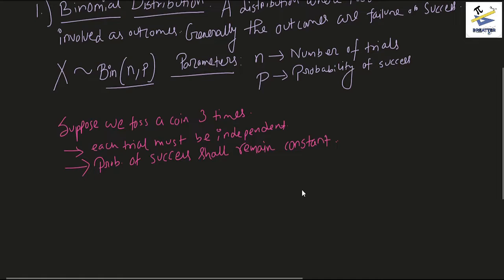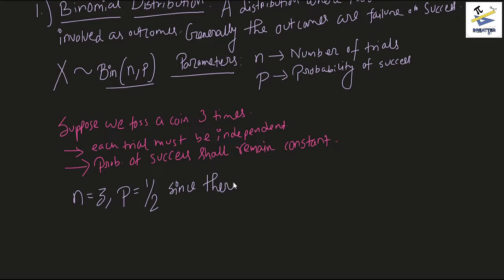So in the coin tossing example, n is equal to 3. If we call the random variable x the number of heads, that is, we call the success getting a head, then the probability of that is half.